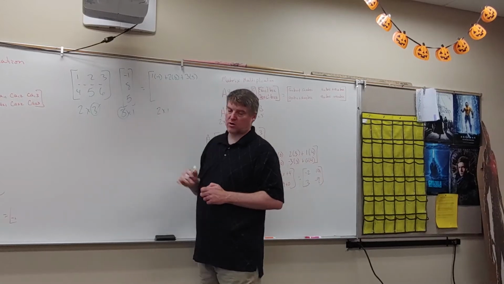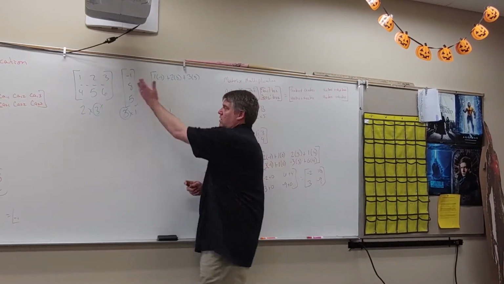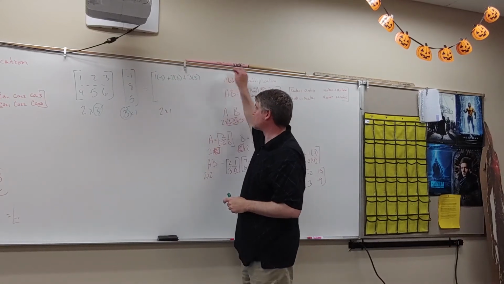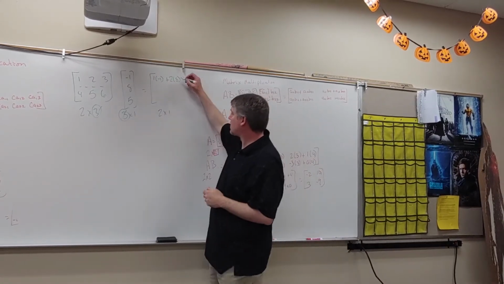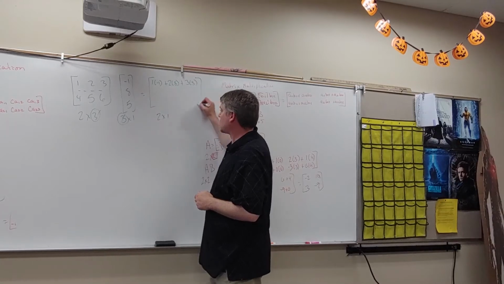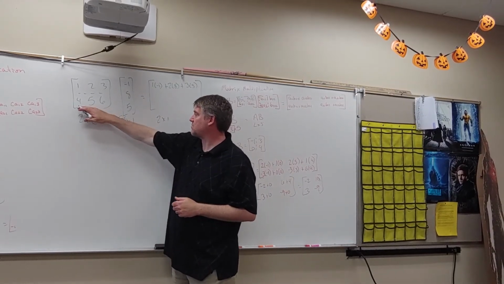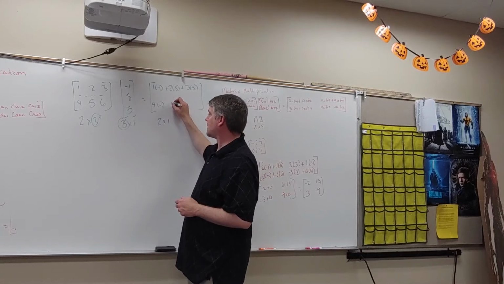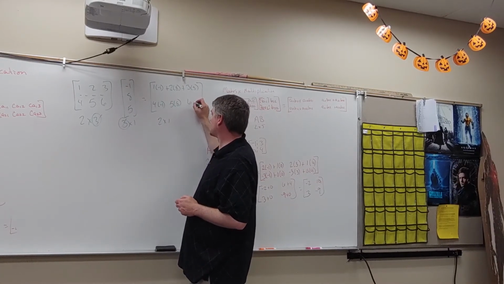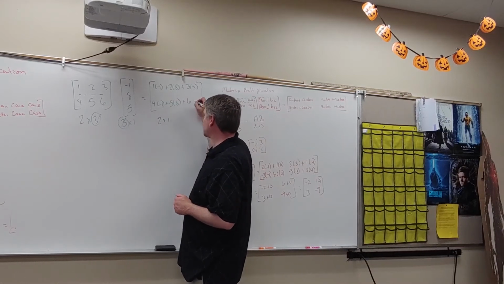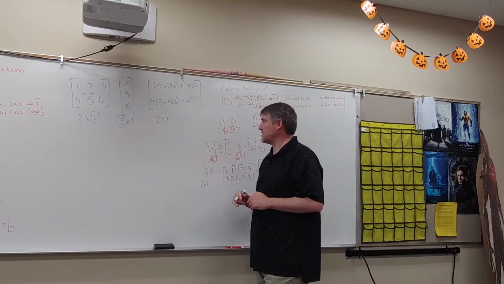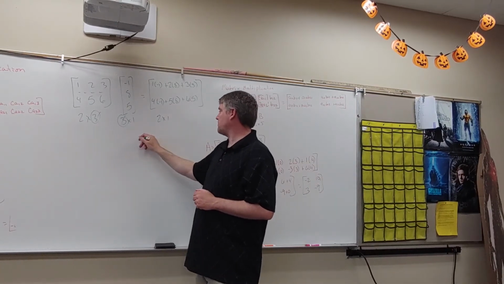Now there aren't any more columns, but if there were more columns here, I would take this row and multiply it by each column, and that becomes a new element. Okay, so now I'm going to do the same thing here. So I have 4 times negative 1, 5 times 8, plus 6 times 5. So don't forget to add those in there.